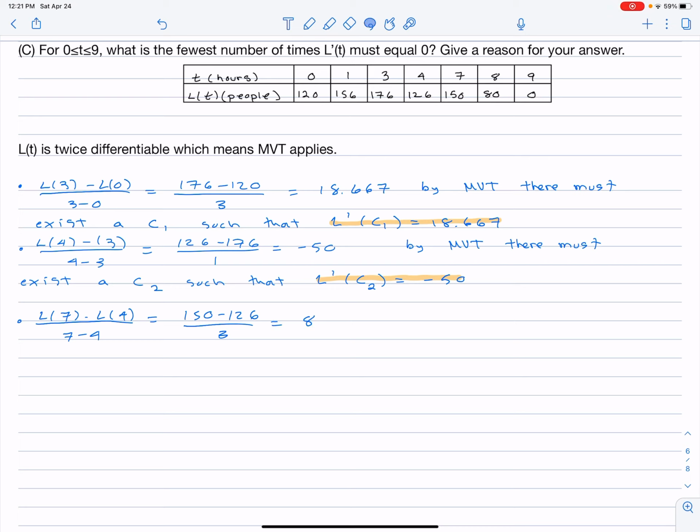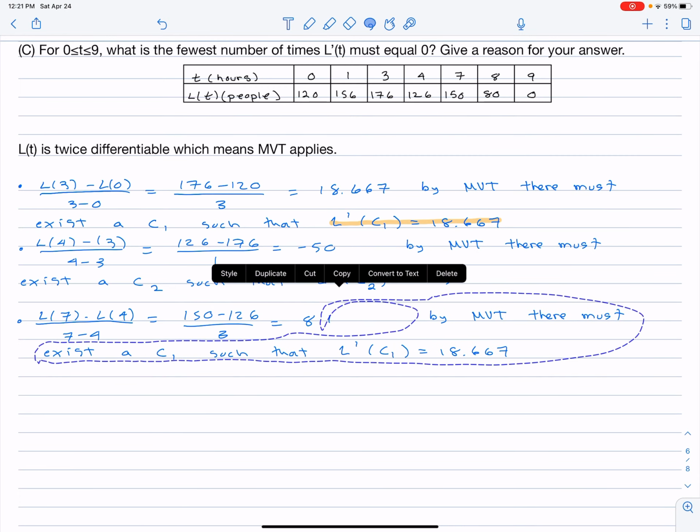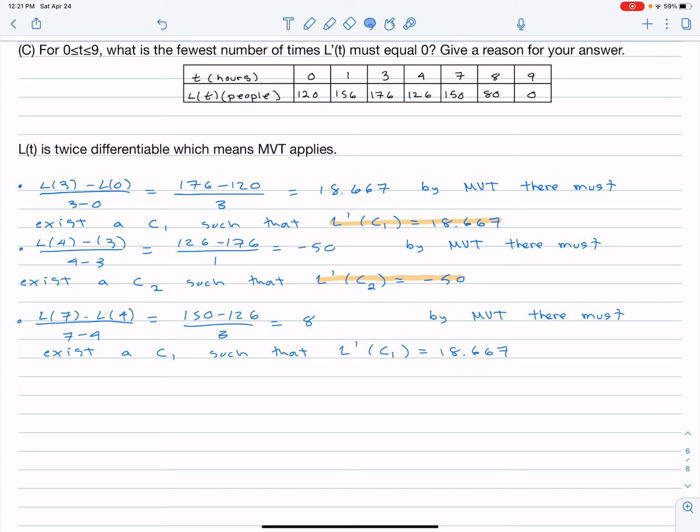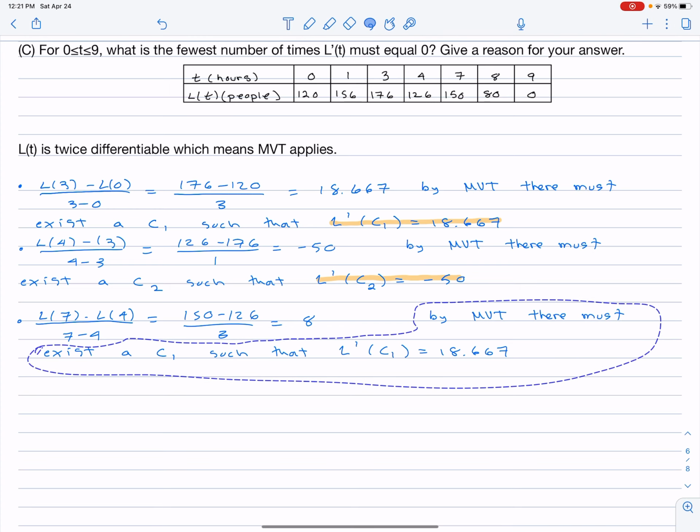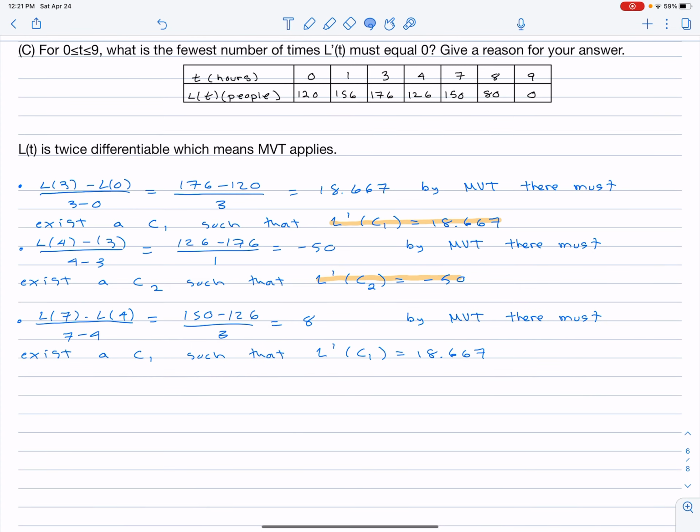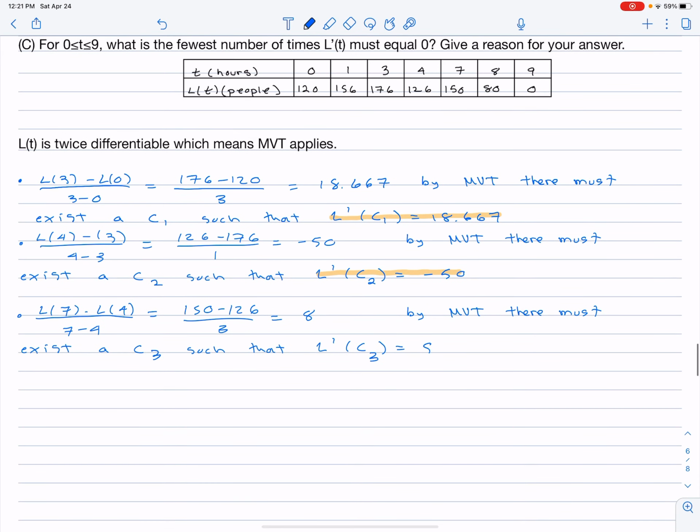Again, same reasoning. So by MVT, there must be a C, our third C, such that L prime of C3 equals positive 8, right? So we've identified another place.